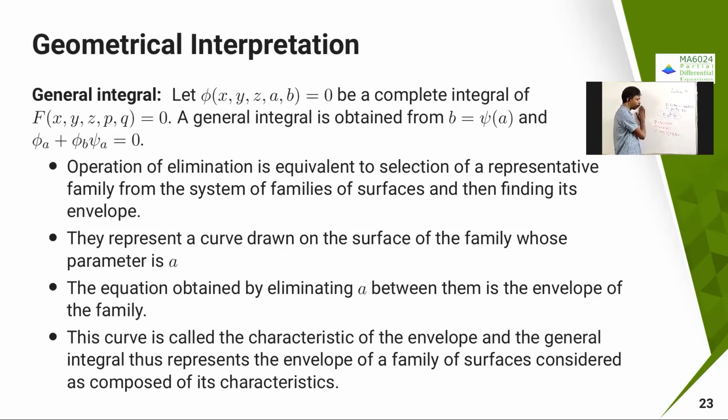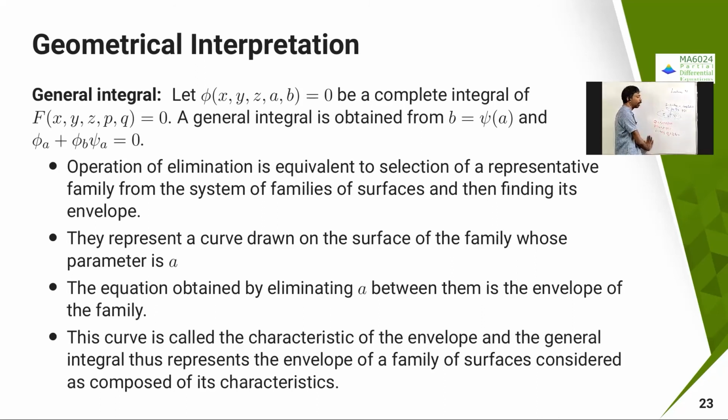So the operation of elimination is equivalent to selection of a representative family. You are going to select a representative family from the system of families of surfaces, and then you are going to find the envelope. That is what I explained in the previous n-dimensional case also.